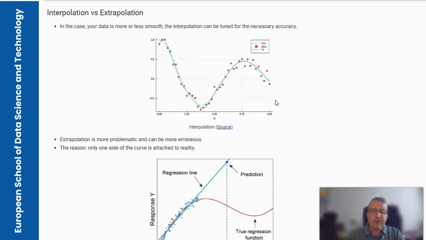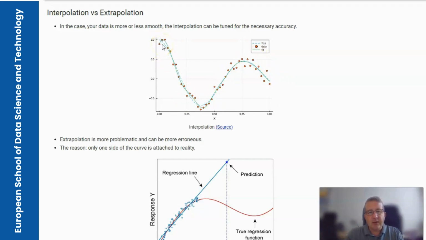And if you stay in the domain of x where you have the data from, and you do not go further in any direction, neither to the left nor the right, then you have a higher chance to be accurate, because the data points will keep you in line.